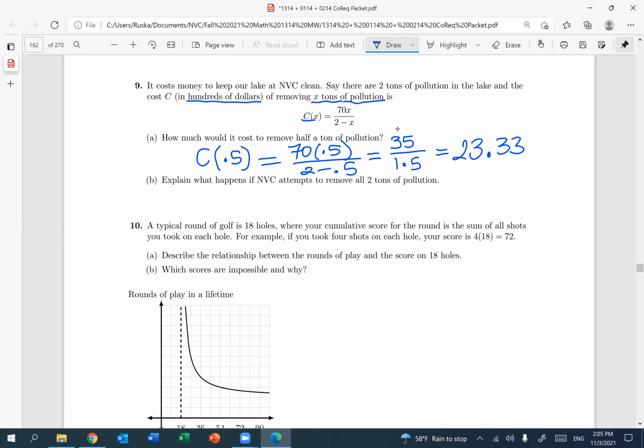It doesn't say how to round, so I'm just going to keep it to the nearest cents.